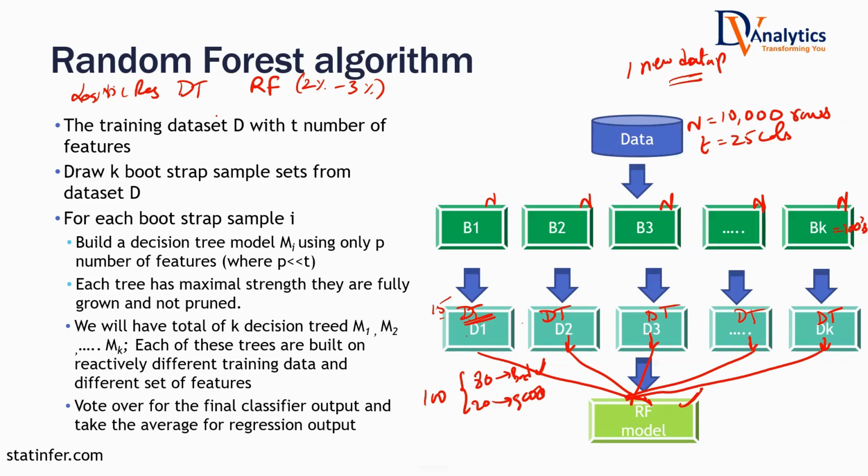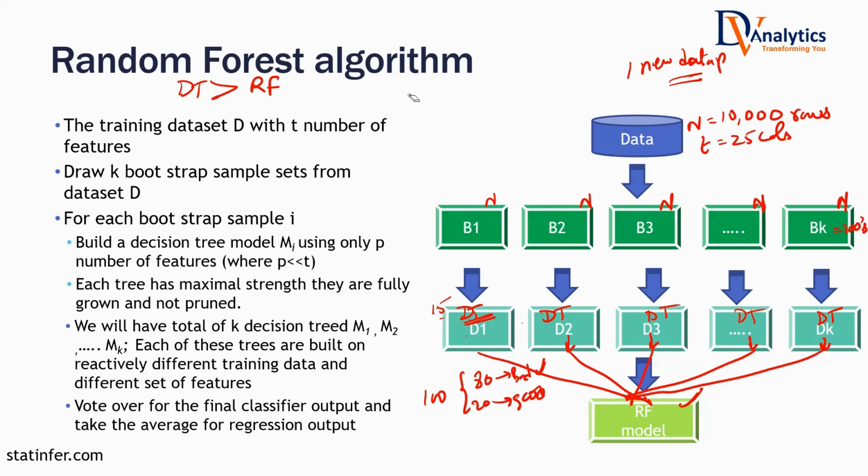Now, in theory, random forest is supposed to give a 2 to 3% lift in accuracy when you compare it to a decision tree. But when data scientists started using this on practical, real data sets with thousands and thousands of rows, tens or maybe hundreds of columns, very strangely, random forest, even though it is so complex and time consuming, with hundreds of models being built, was giving less accuracy than a decision tree.